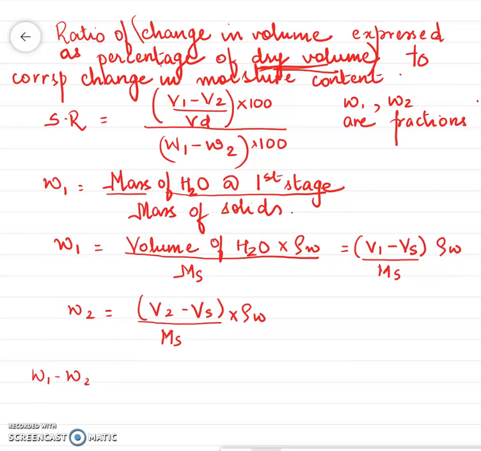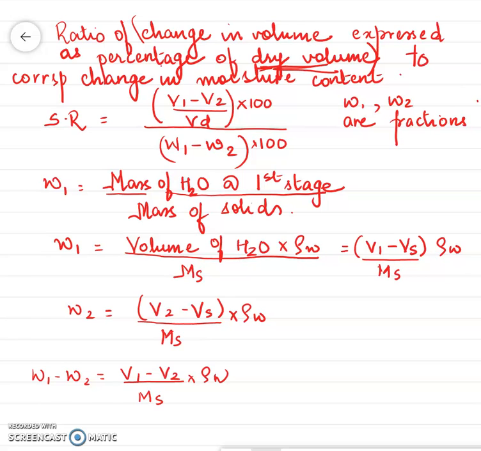W1 minus W2 will be (V1 minus V2) upon Ms into rho W, correct? The Vs and Vs get cancelled.